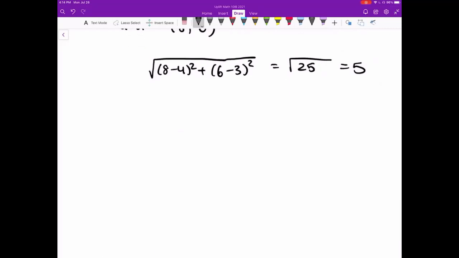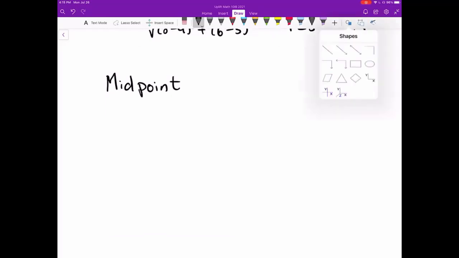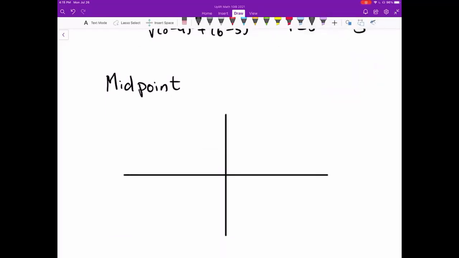Yeah, so we should move on to midpoint. When we think of a midpoint, it's when we have 2 points on the Cartesian plane. So like we could just have some random coordinates like 1, 1 and 2.